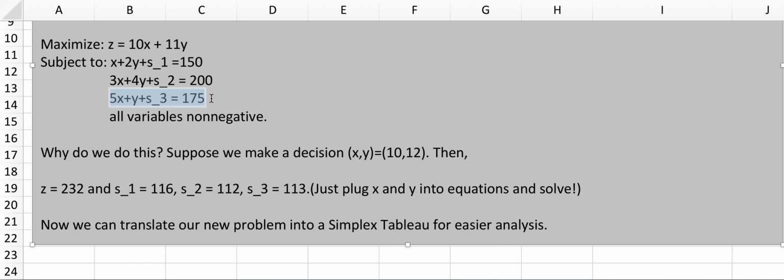Subtract that from 175, I get 113. So 113 of the 175 units of resource 3 will be left unused if we make the decision to make 10 units of product X and 12 units of product Y. And again, because of our objective function, if this is our profit, we would plug 10 and 12 into the objective function, and we get 232 for our profit.